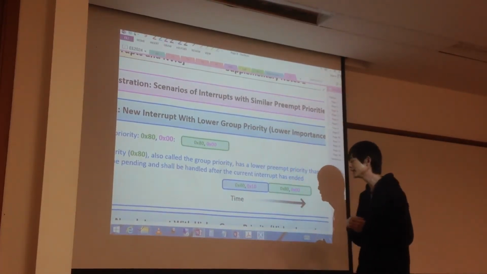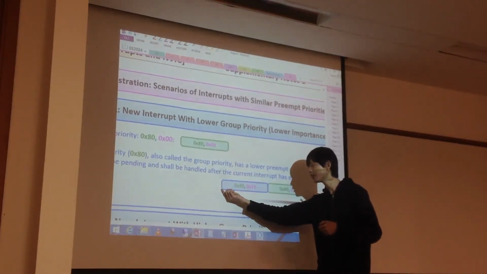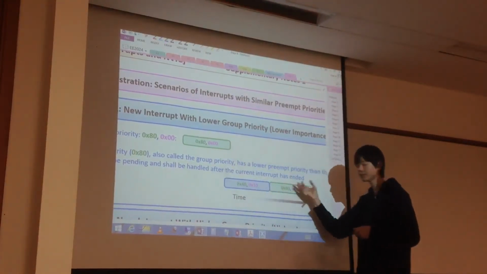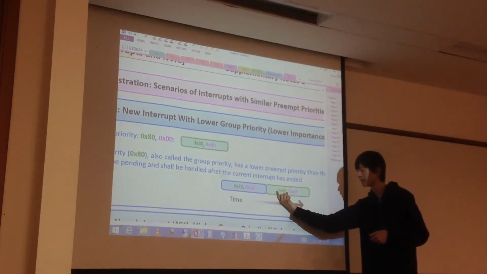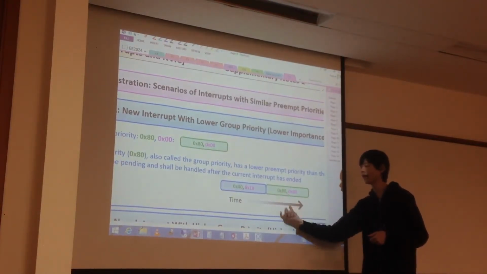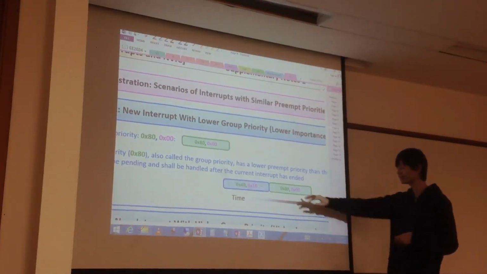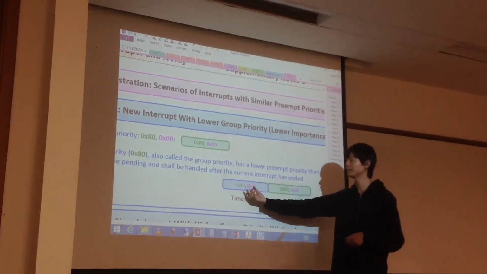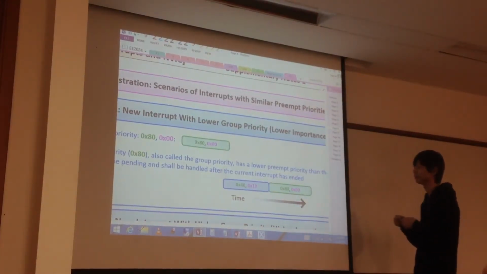Since the importance is lower, it will just carry on with its current interrupt and only process this new interrupt afterwards, because this has a lower importance. 80 has a lower importance than 40. In this case, it doesn't even bother about the sub-priority. It only looks at the group priority first. It always looks at the group priority first.